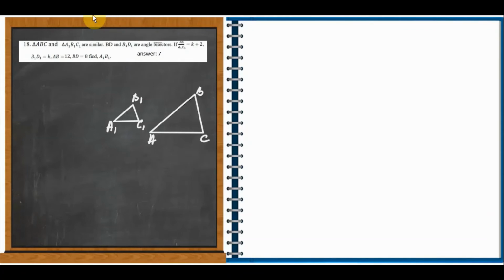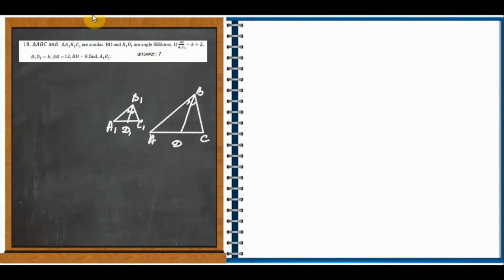If B1, D1 is the angle bisector of the triangle, then the line segment B1, D1 will divide angle B1 into two equal parts. The same with the BD bisector: BD is a line that divides the angle B into equal parts.